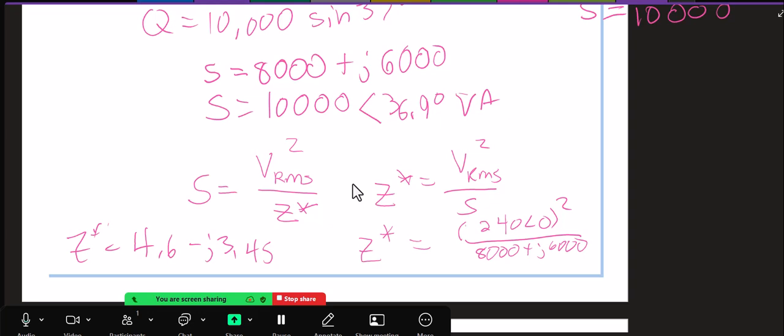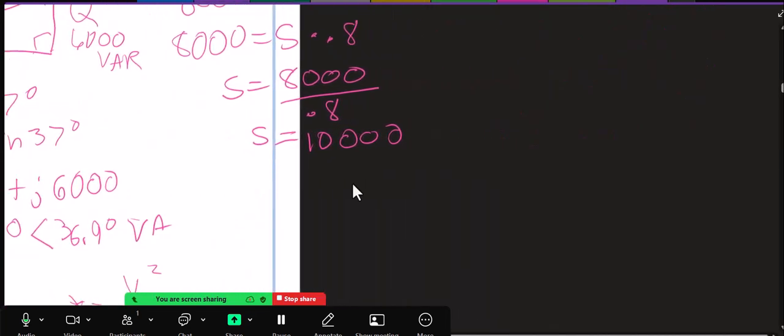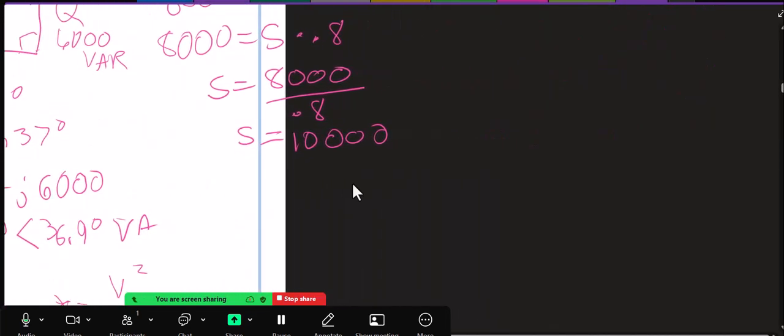So what is the impedance? 4.6 plus j 3.45 ohms. Now, the way I did it was a longer way, but just to try it out and see that it works, we know that S equals V I conjugate.